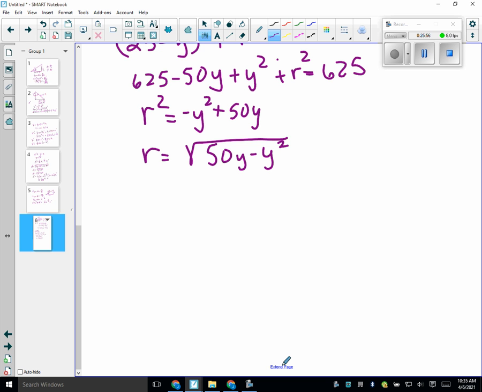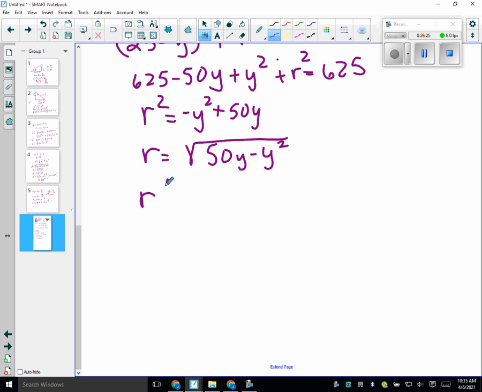C says, at what rate is little r changing when y is 18, correct? So can I take the derivative of this and plug in? Don't forget, y is changing, so you need a y prime. So do we have to put like 50y prime minus 2y prime?